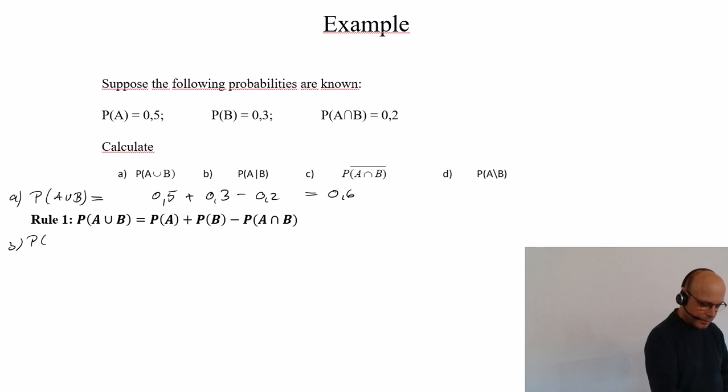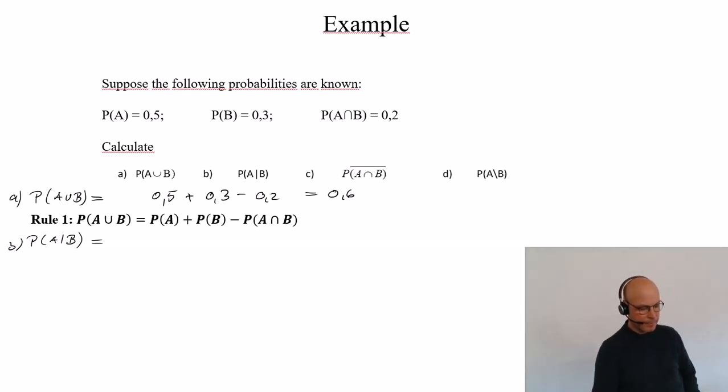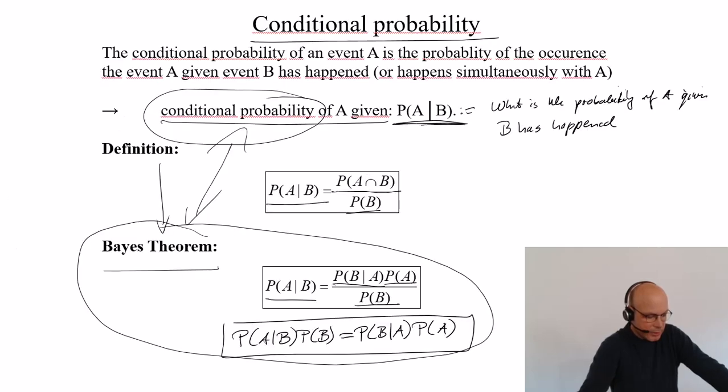P of A conditional on B. For this, we have our definition of conditional probability. So this would be this.